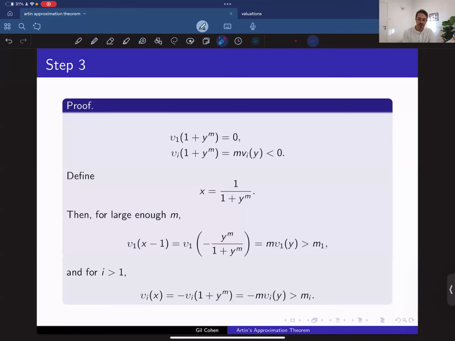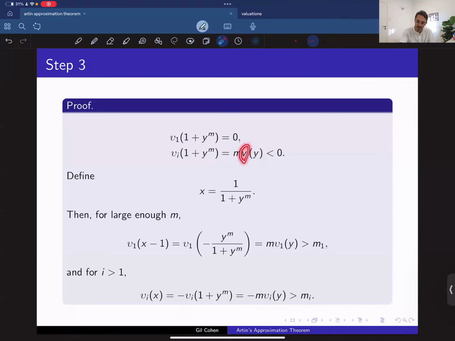What about the other valuations? So vi of x, well, here it's not x minus 1, it's just x. So the 1 over becomes a minus when you work within the valuation. So it's minus the ith valuation of this denominator. And we just showed that this thing, without the minus, is m times v1 of y. So with the minus, it's minus m times vi of y.